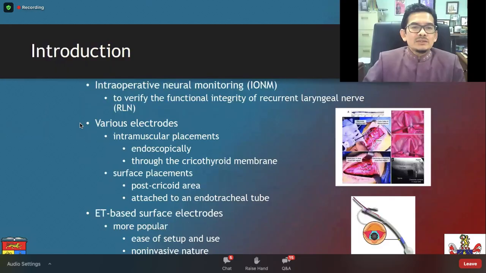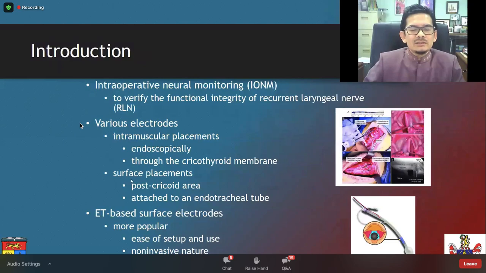So what is actually intraoperative nerve monitoring? This is a system that we use to verify functional integrity of the recurrent laryngeal nerve. There are many ways of doing this, using different types of electrodes. In the past, a lot of people were using intramuscular placement of the electrodes, either endoscopically or through the cricothyroid membrane.